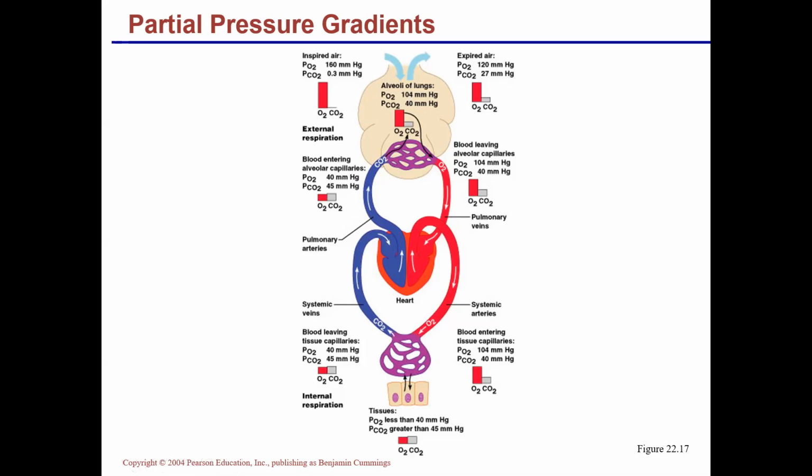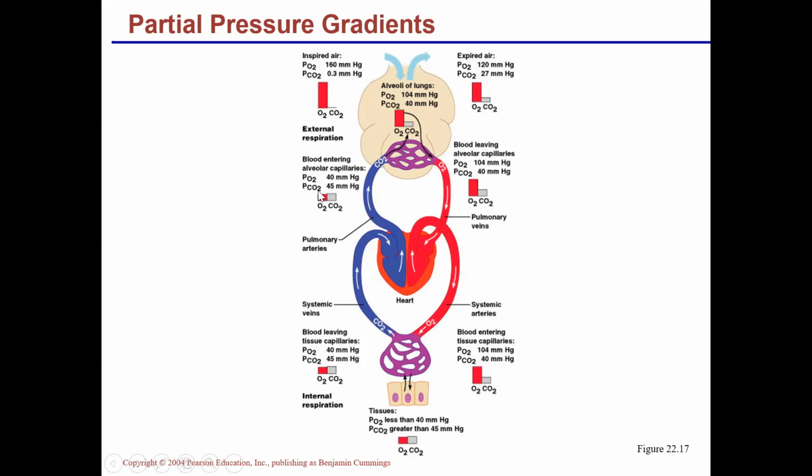Outside in the lung, partial pressure is 104. Now think about it: oxygen will flow from where to where? From the air sac to the blood, or from blood to the air sac? Definitely from high to low, right? From the higher pressure point to the lower pressure point. So oxygen will diffuse into the blood.